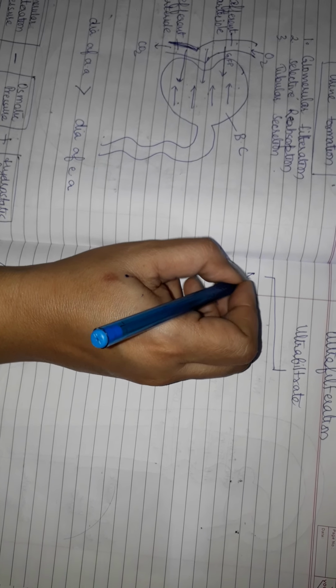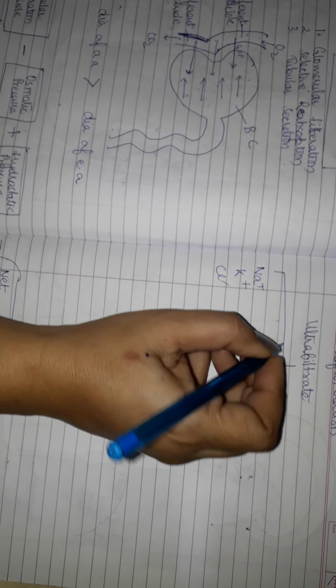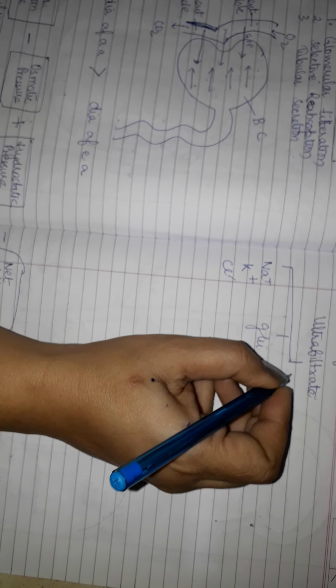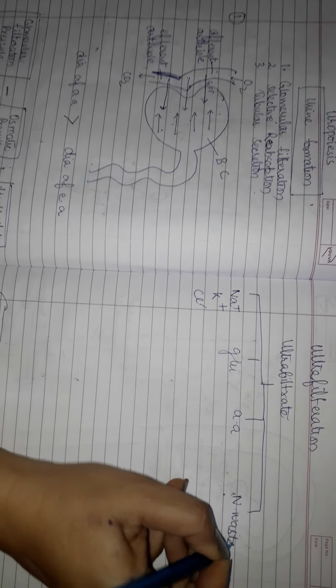And what is present in this ultrafiltrate? It contains sodium ions, potassium ions, chloride ions, glucose, amino acids, and there is nitrogenous waste. Which are the nitrogenous wastes?